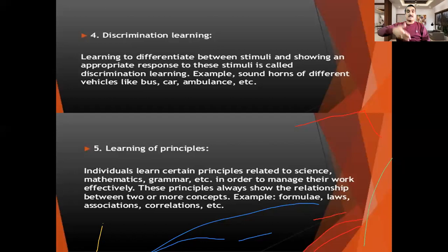We use our experiences based on the available resources. If based on that we can discriminate between any two or more objects, that type of learning is called discriminative learning or discrimination learning.